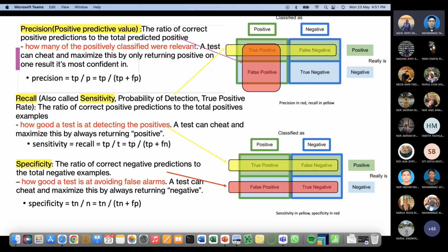So tengok precision, TP divide by P. P is the total number of positive value yang you ada, divide by itu kita bahagikan TP lah, TP bahagi dengan P tadi. So TP divide by TP plus FP. Okay, tengok balik kat sini.